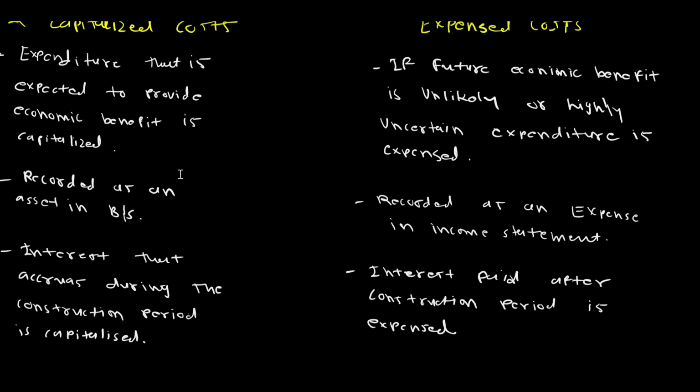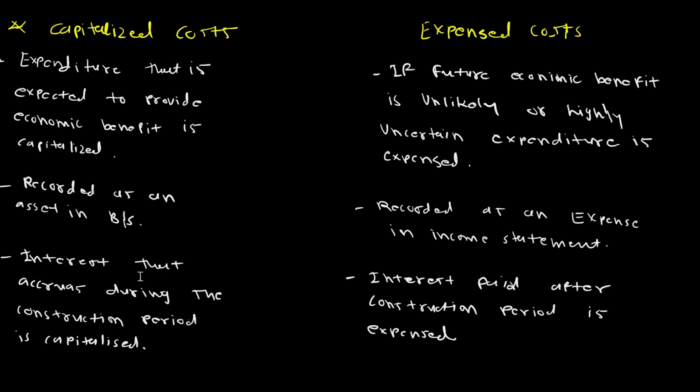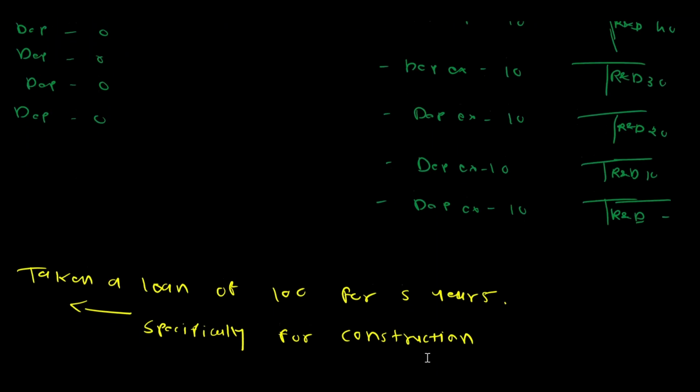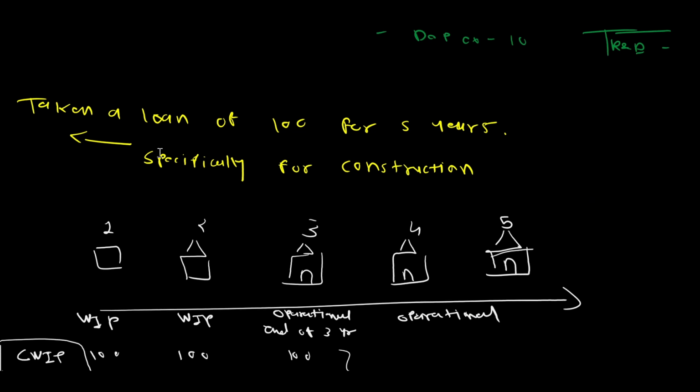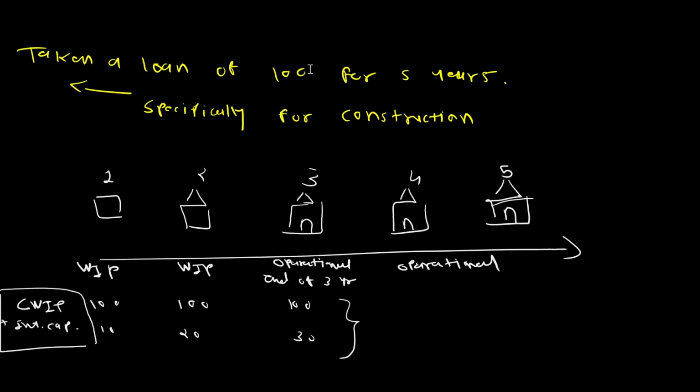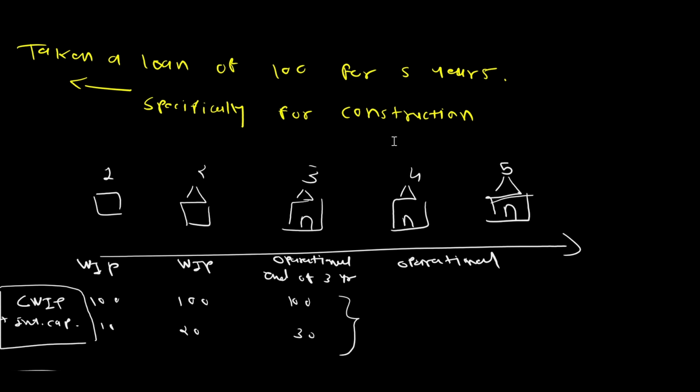Interest that accrues during the construction period is capitalized, and interest paid after the construction period is expensed. So let's understand this also. It means that if I have taken a loan for a specific motive, for example, a loan of 100 rupees for 5 years specifically for construction.